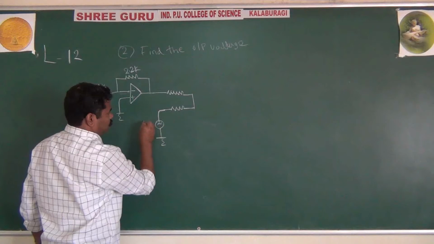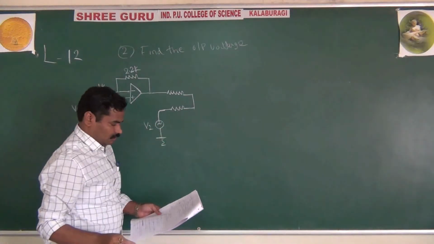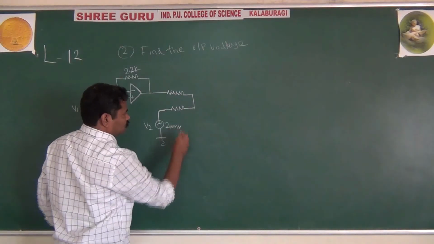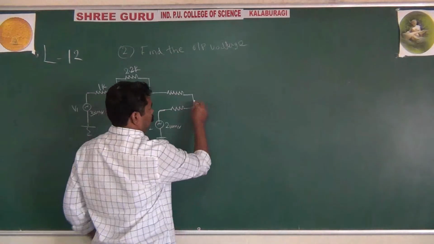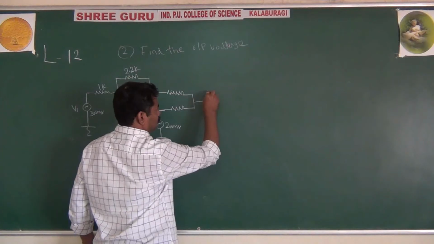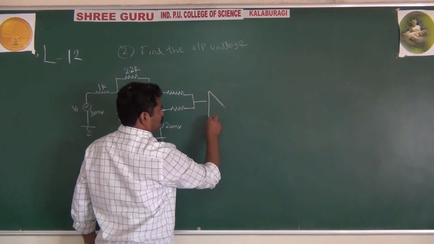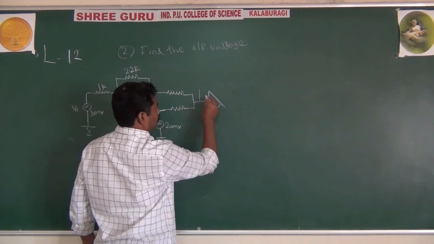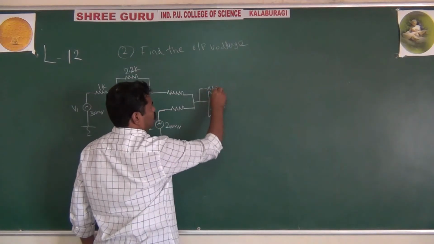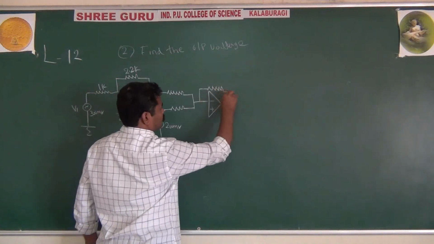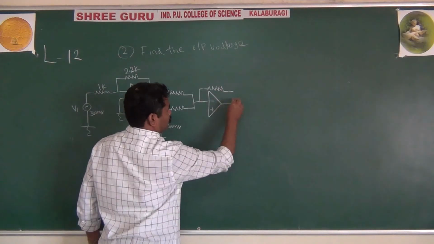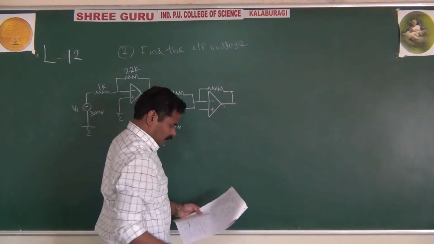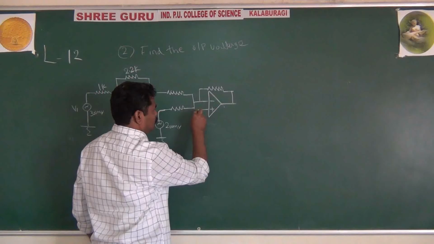This is nothing but your V2. That is also given as about 200 millivolts. And this is the inverting terminal, and the non-inverting terminal is grounded. And here also, the non-inverting terminal is grounded.